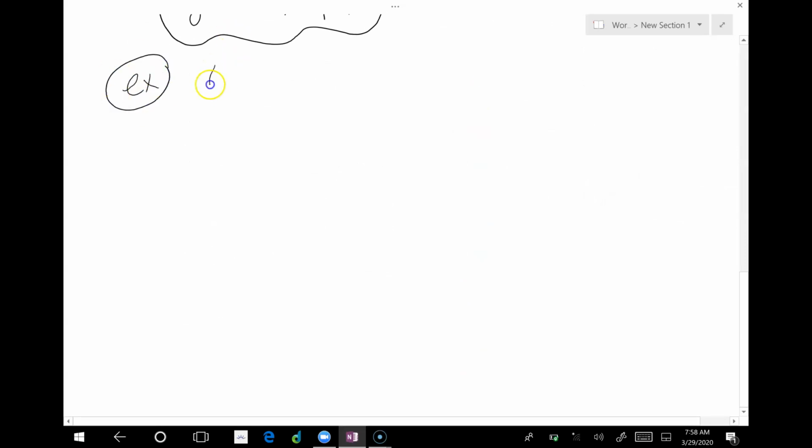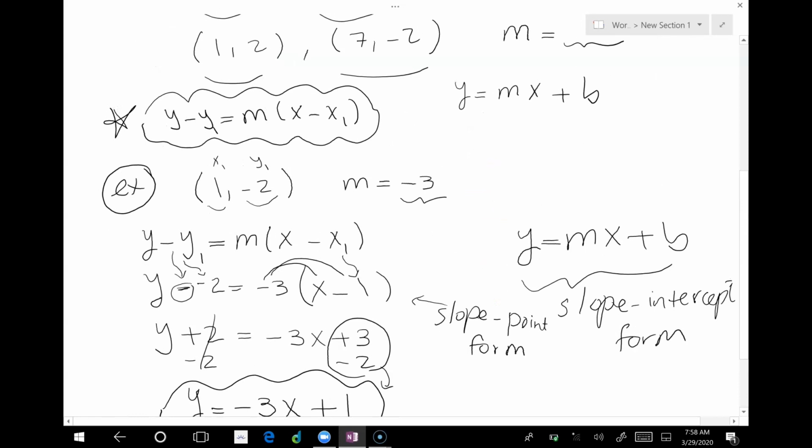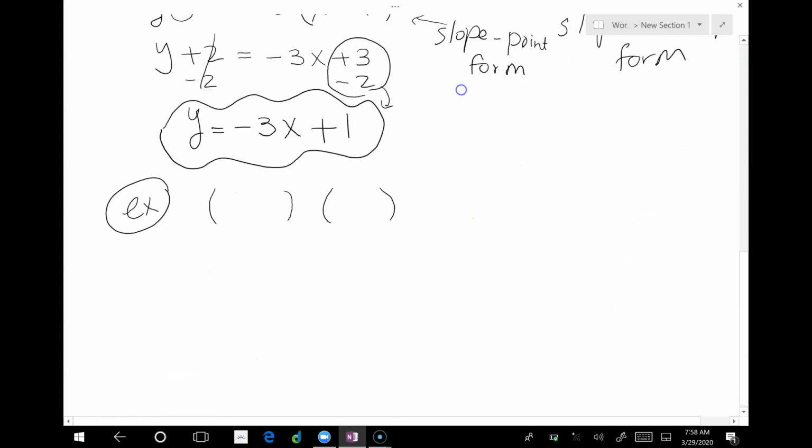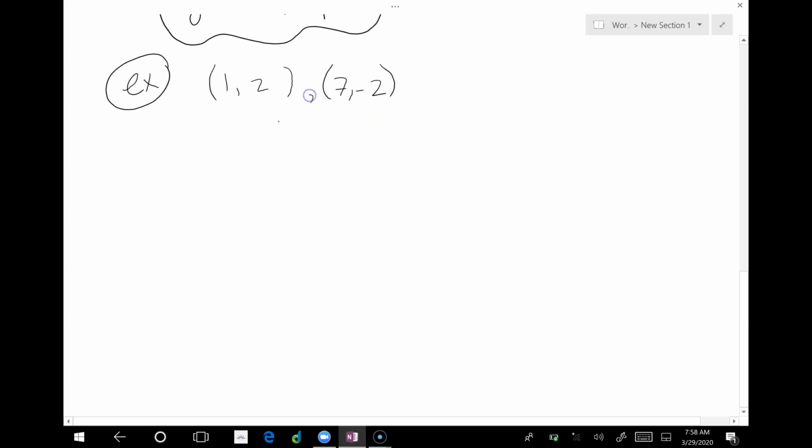So, the example when two points are given. Let's use the numbers that I created at the beginning: (1, 2) and (7, -2). So in this case, two points are given and no slope.